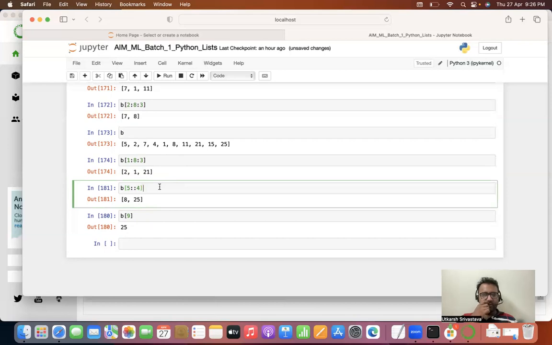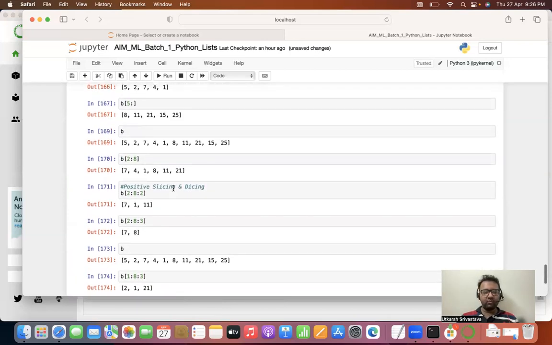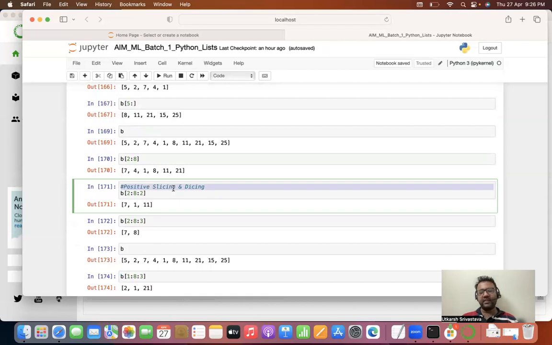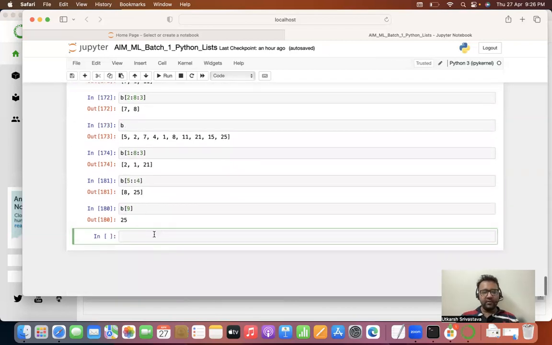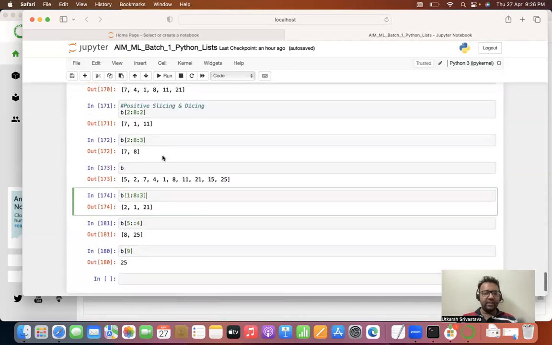Yes, it is possible, from right to left, when you use negative dicing. We are talking about positive slicing here. Any other doubts regarding dicing?